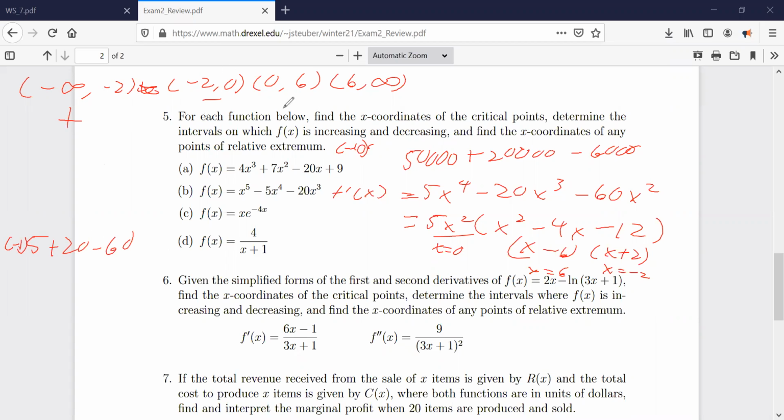If I plug in positive 1, I get almost the same thing, but slightly worse: 5 minus 20 minus 60. So that is negative 75, which is negative, and then I have 6 to infinity. If I plug in positive 10, I would get 50,000 minus 20,000 minus 6,000.